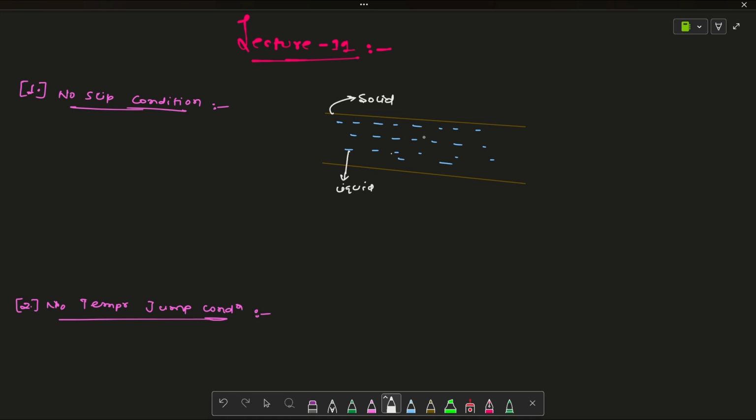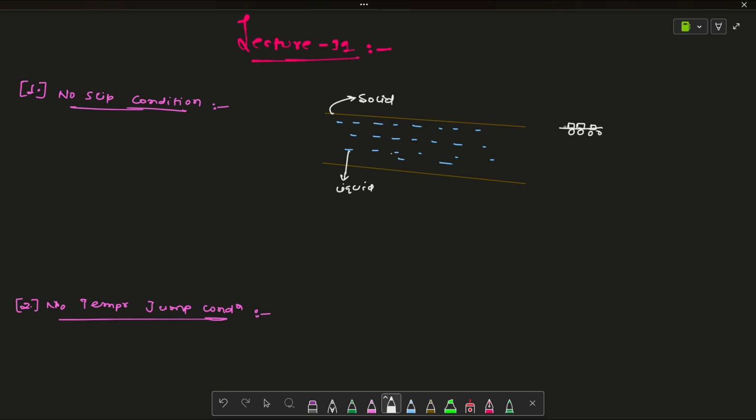So when a fluid is bounded by a solid surface, molecular interactions cause the fluid in contact with the surface to seek momentum and energy equilibrium with that surface. So I've told you this statement. What this statement means: let's suppose this is the interface. This one is the solid particles, and this is the fluid particles.